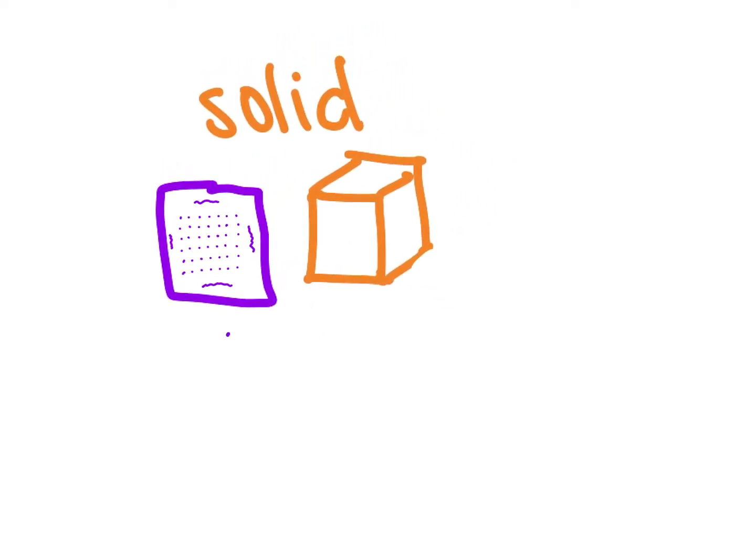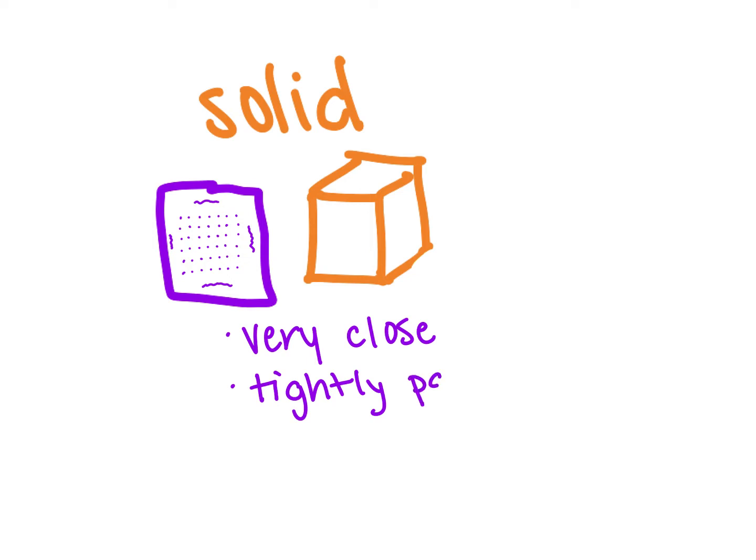So in our written form, we can say that they're very close. And we also can include tightly packed. That's the more scientific way of saying very close. Tightly packed. And they are vibrating rather than moving.